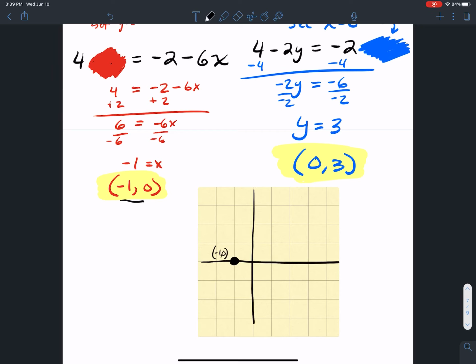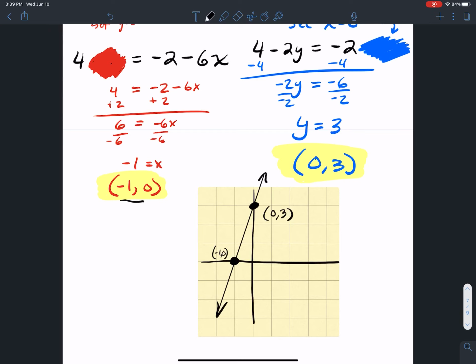And then up 3, 1, 2, 3, so 0, 3, just like that. Once you have 2 dots, you just draw a line through those 2 dots. There we go. Close enough. So that, my friends, is the line that passes through those two points.